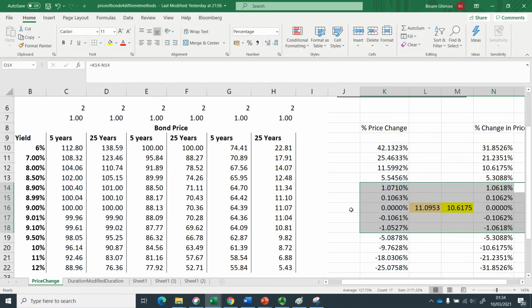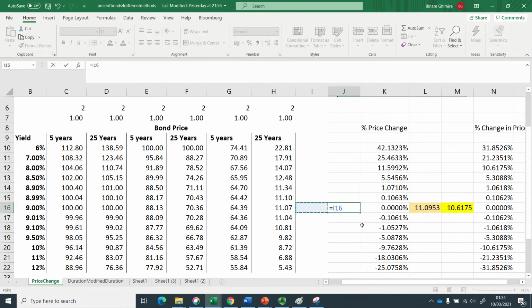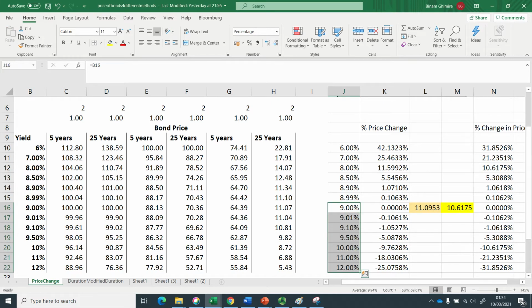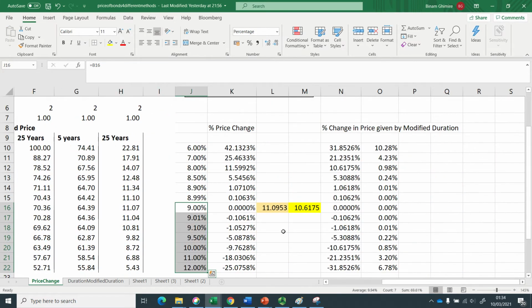So the point I'm making is when the yield changes from 9% to smaller values, such as from 9 to 9.01, the percentage change given by the actual bond price change and the percentage bond price change given by modified duration are exactly the same.